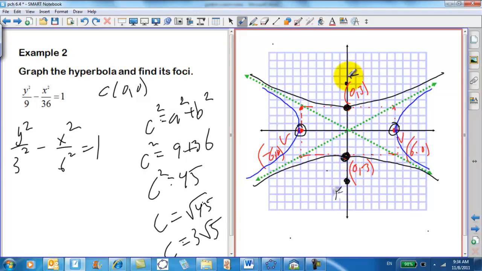There are your foci. And we can also add to this the focal width, which is 2b squared over a. So that's b squared over a each way.